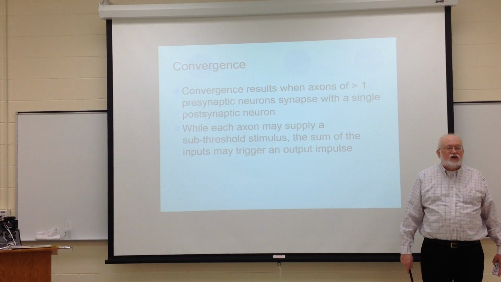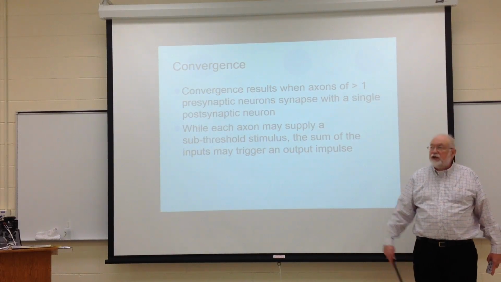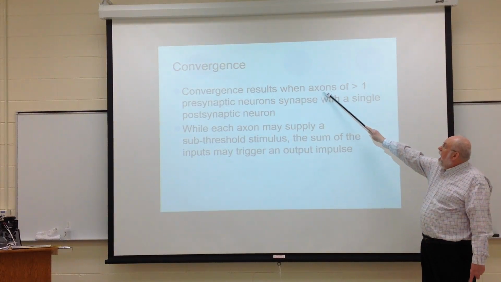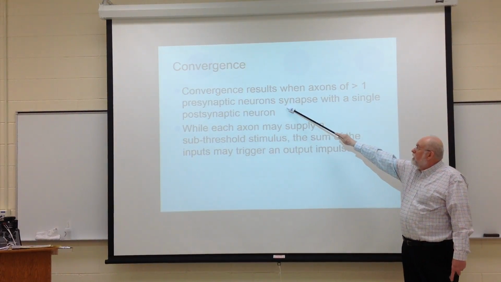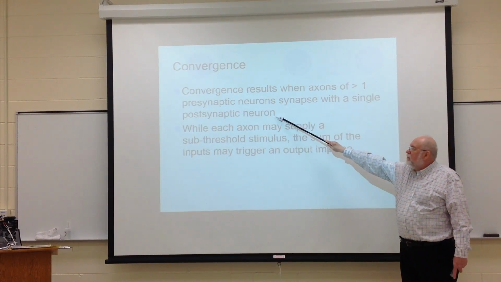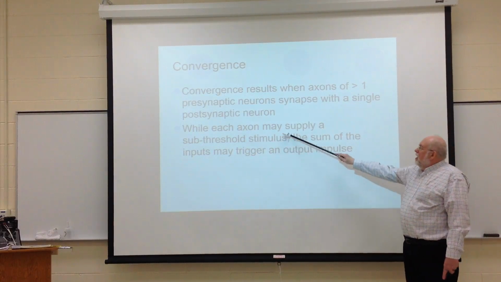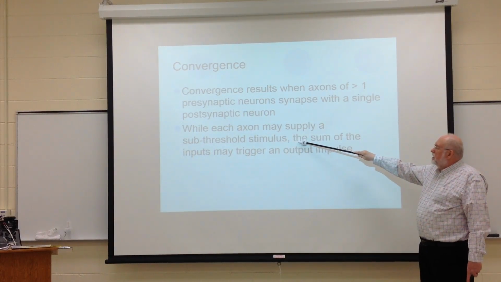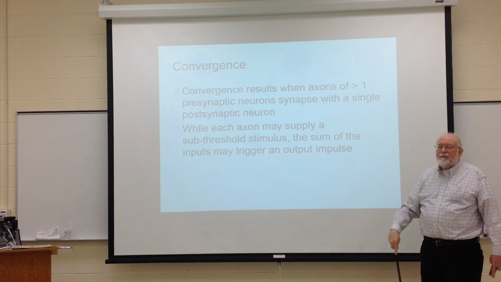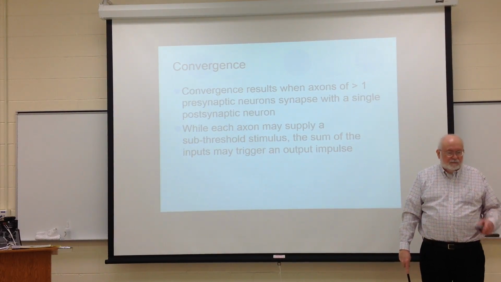They're either converging or diverging. Convergence: axons of more than one presynaptic neuron synapse with a single postsynaptic neuron. All right? Each axon can supply a subthreshold stimulus, and the sum of the two might reach threshold and generate an action potential.